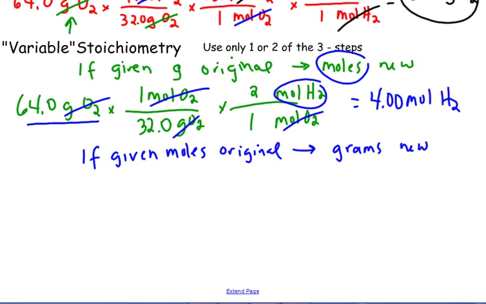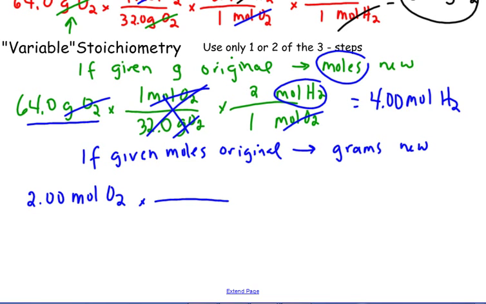So if I give you moles of the original substance, I've already done the first fraction for you. So in this problem up above, if I didn't give you grams of oxygen, if I gave you 2 moles of oxygen to start with, you don't have to do this first fraction. It's already converted to moles, so you wouldn't do this first fraction in this problem.